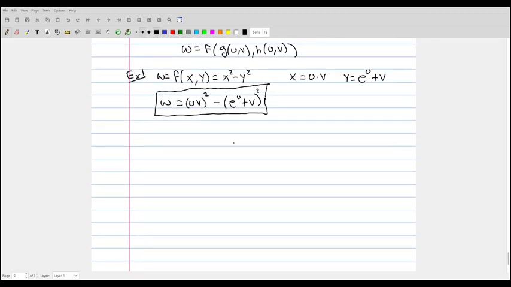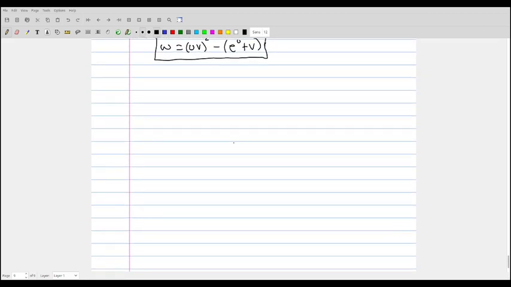So in general, one of the things that you want to use when you're dealing with compositions of multivariable functions like this is what's called the tree of dependence, also sometimes called the chain of dependence. This just gives you an idea of how everything depends on everything else.